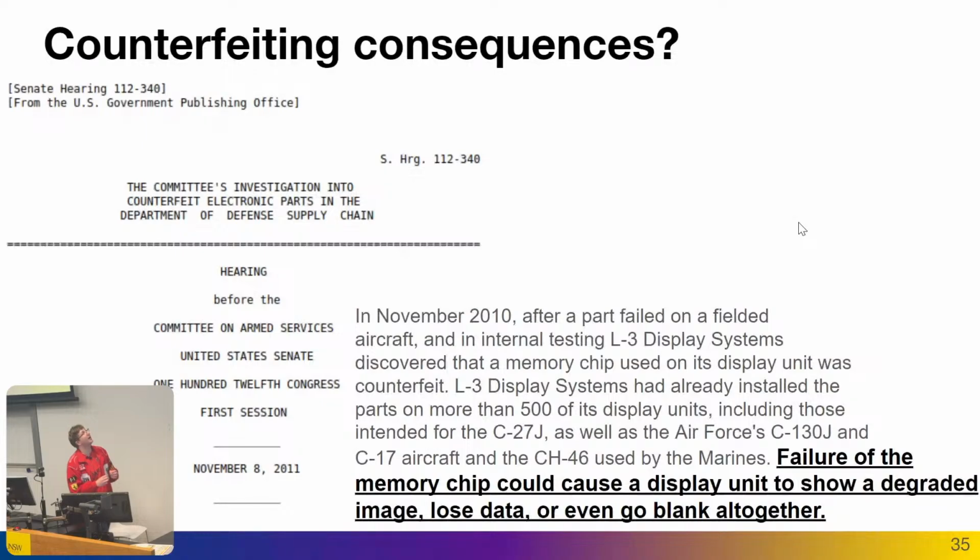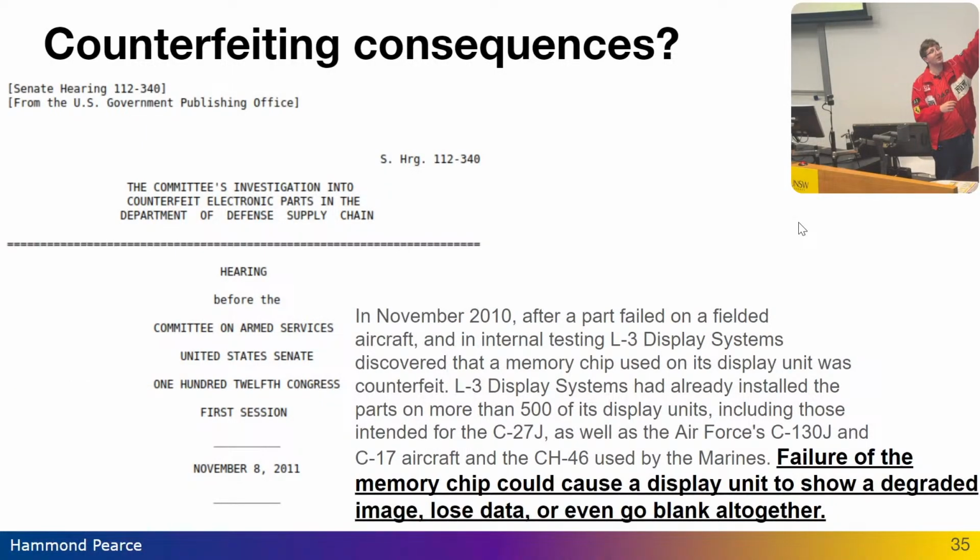So here's a counterfeit case from 2010 that came up in a Senate hearing. They were talking about a particular memory chip that they'd identified as counterfeit in a helicopter that had been grounded. They discovered it was counterfeit because it failed. Fortunately, it failed on the ground, so they grounded the aircraft.